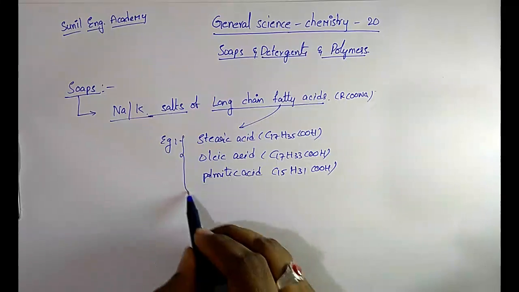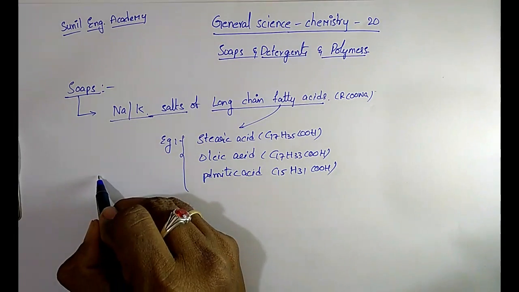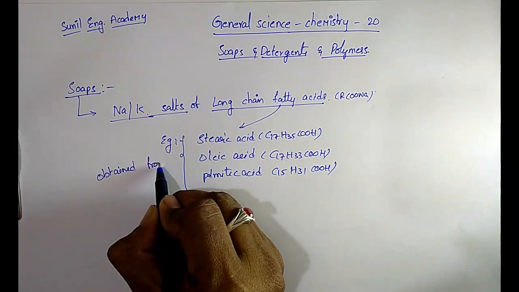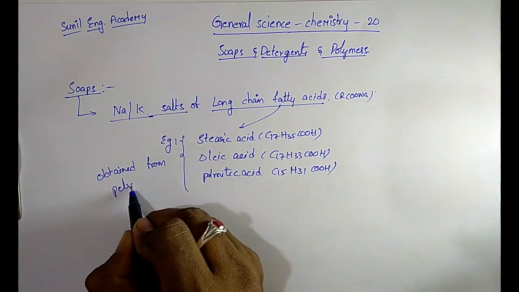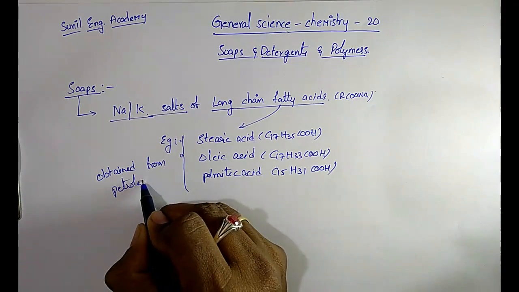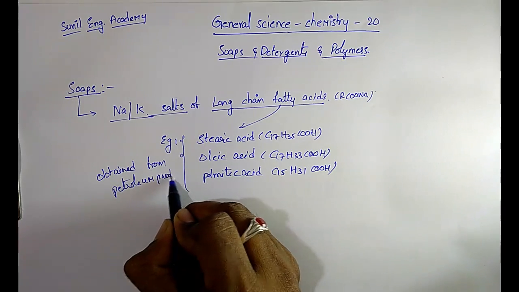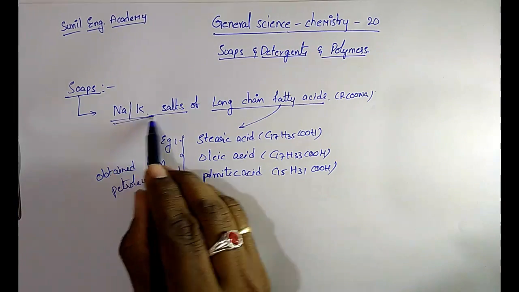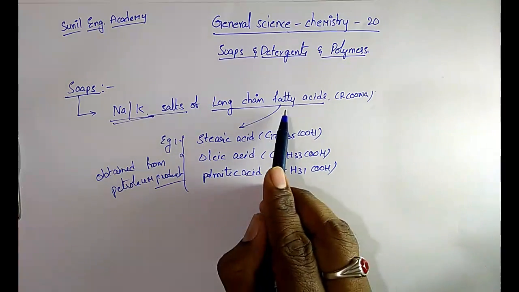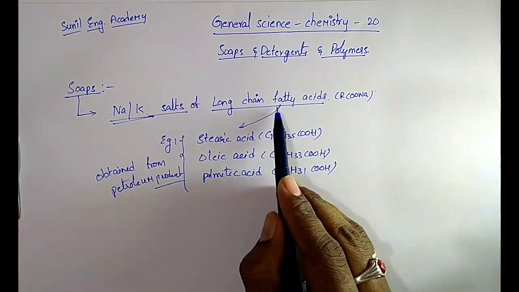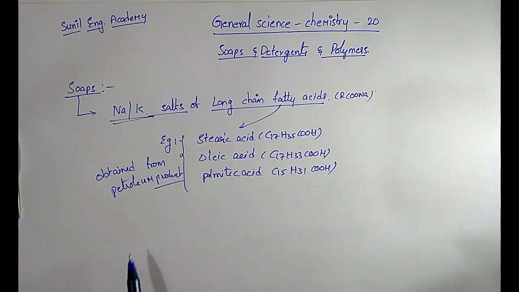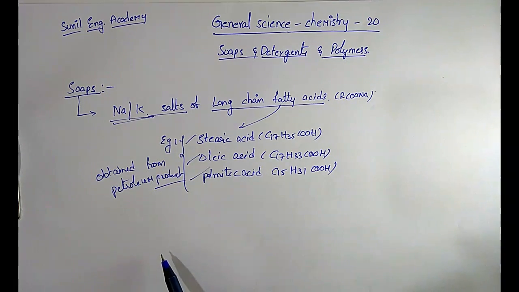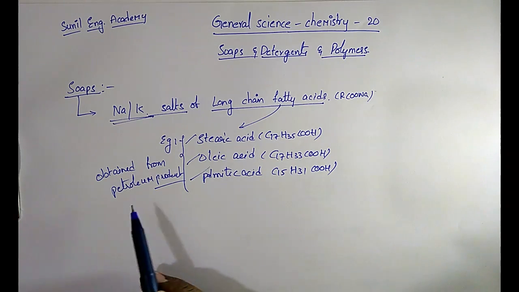These acids are obtained from petroleum products. Soaps are nothing but sodium or potassium salts of long chain fatty acids, and the examples of these long chain fatty acids are stearic acid, oleic acid and palmitic acid.